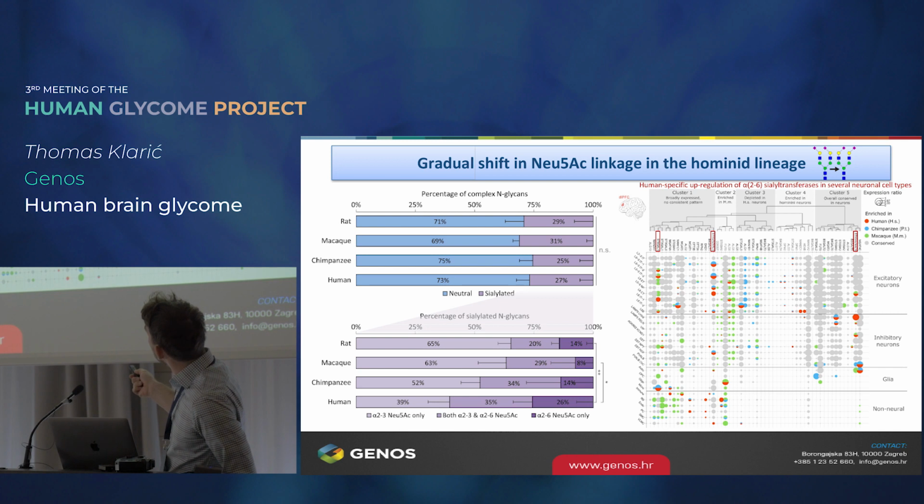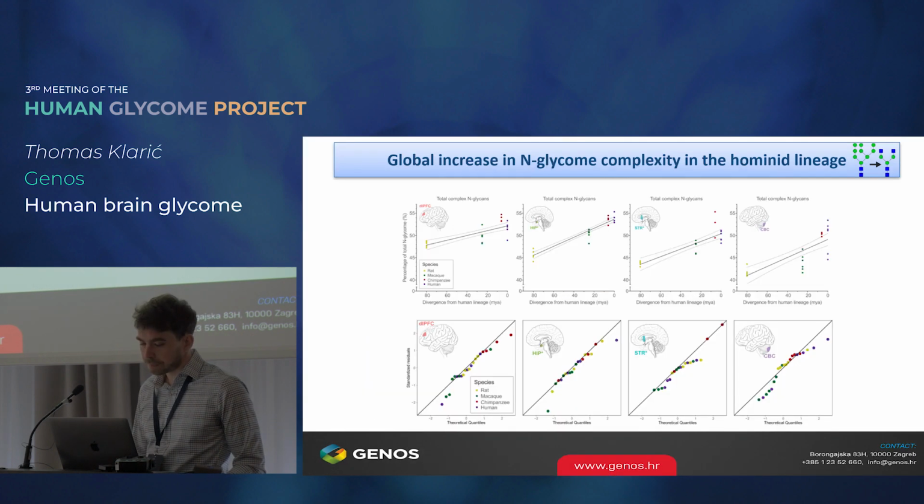They're expressed in different neuronal cell types, and of course we need to investigate that further to confirm that that actually results in an increase in these kinds of glycans. But there's evidence that this switch in linkage is encoded in the transcriptome in humans.